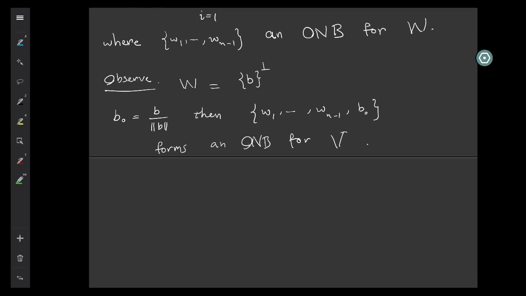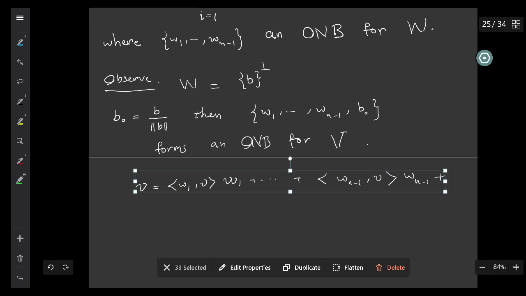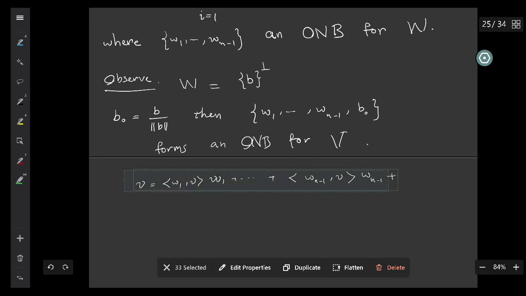And what can we say? We can say that V is equal to the part in span of W1 through Wn minus 1, plus the part in W. Okay, let me make some space here.